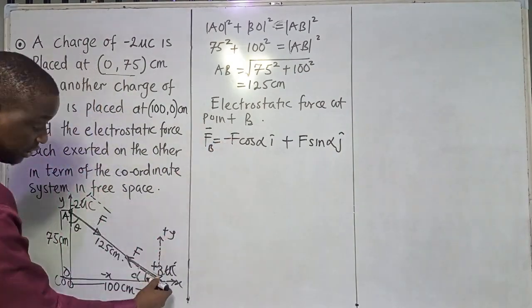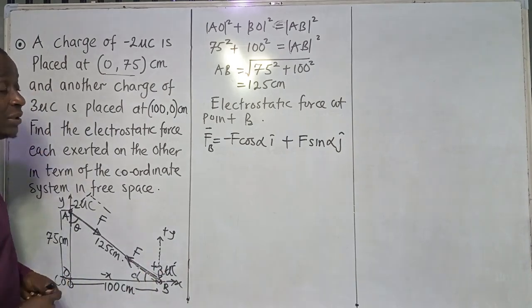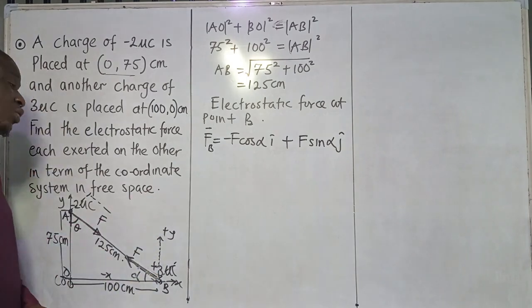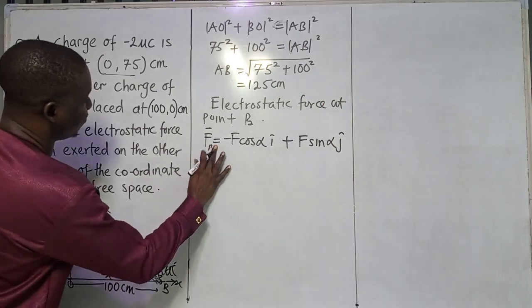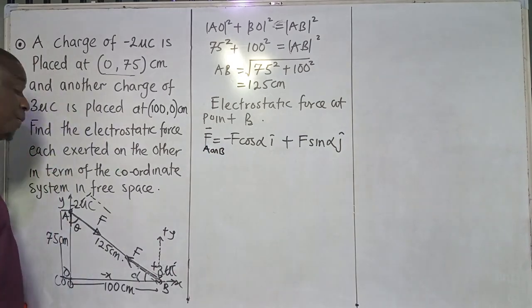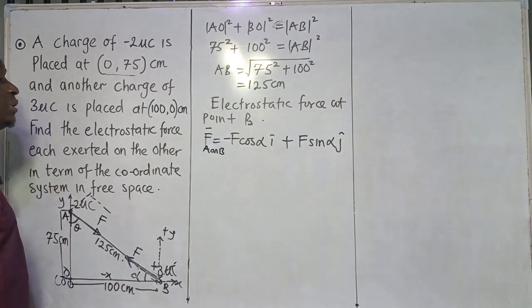So minus, because if you look at the arrow, when you resolve it, it's going towards the negative direction. When you resolve it upward, it's going in the positive direction. You can as well say A on B, the electrostatic force of A on B. So that is it. A on B is what we are calculating.